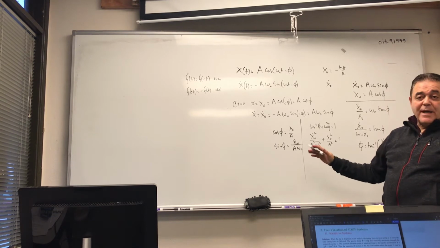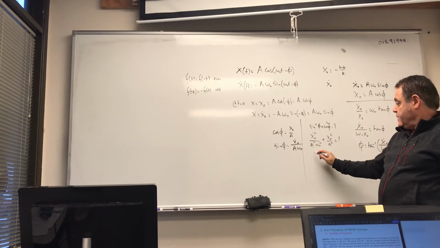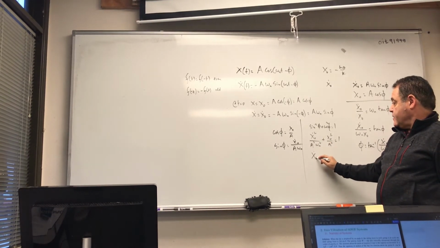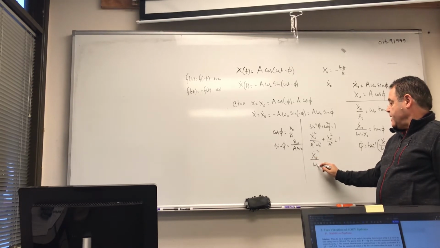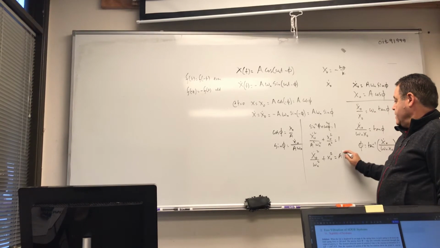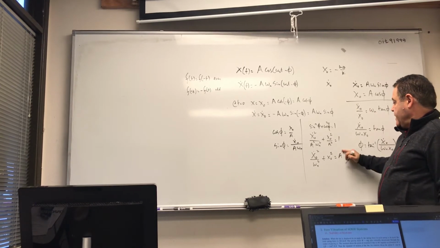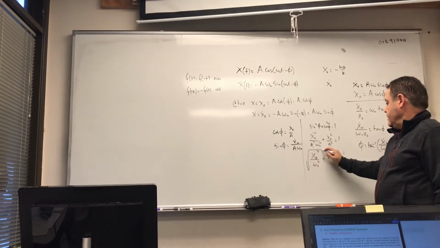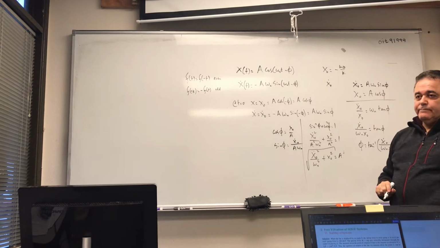Now I multiply by A squared on both sides. Then I end up with x dot 0 squared divided by omega n squared plus x0 squared is equal to A squared, meaning that A is equal to the square root of that. That's how they got it.